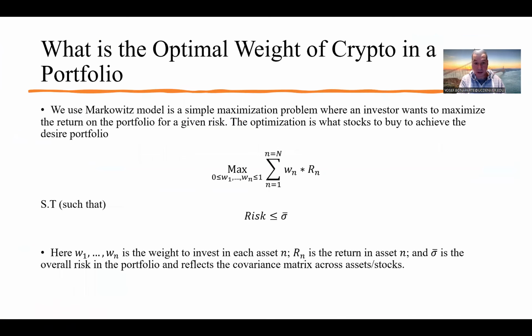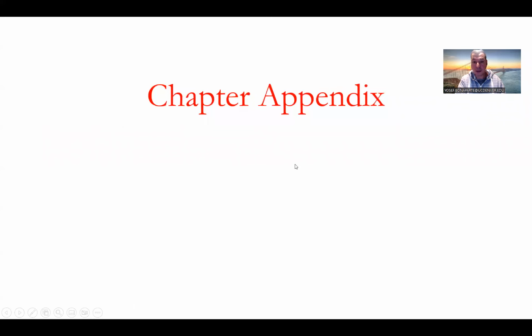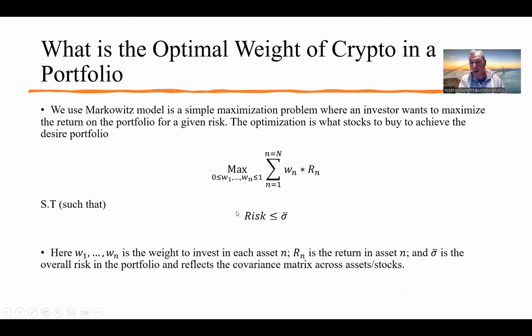How to do that? First, we're going to use the Markowitz mean-variance portfolio model, and it says maximize the return for a given risk. Suppose you have equity stocks, and the question is how much you want to invest in a crypto to add to your equity portfolio. This is how much you invest in your portfolio.